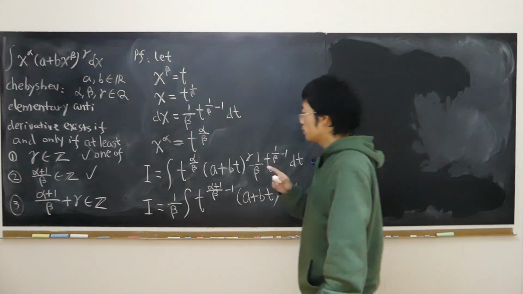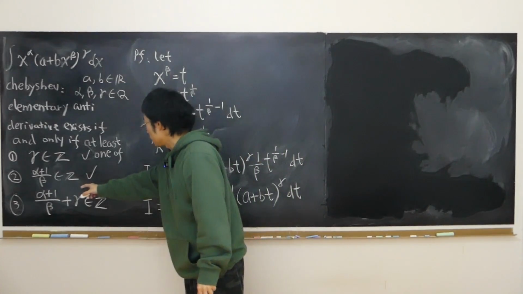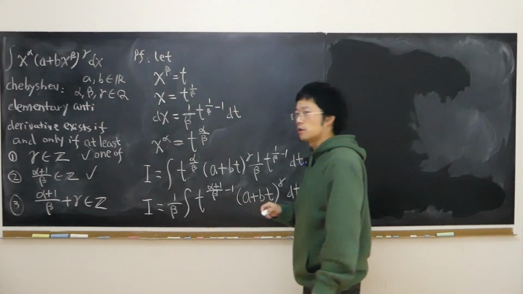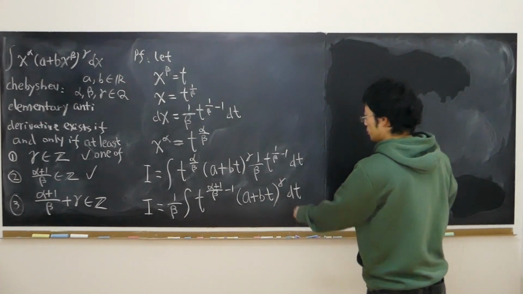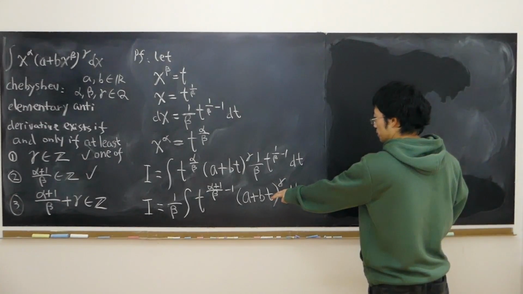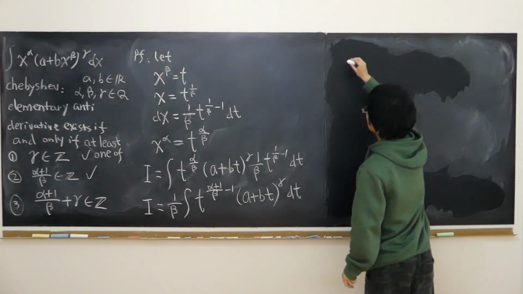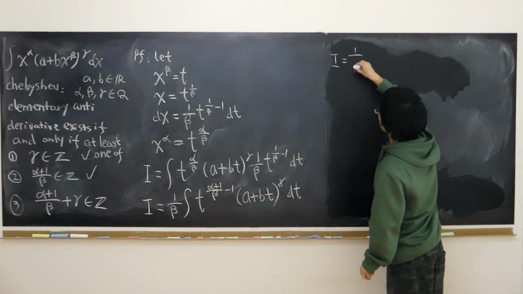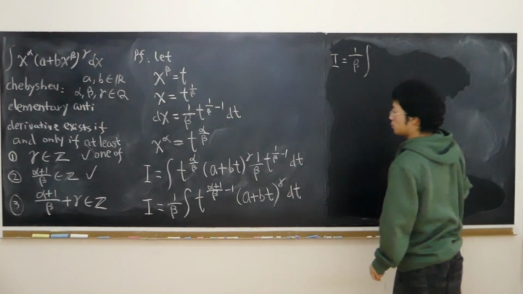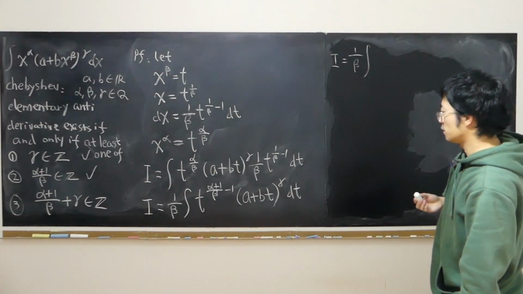Okay, so case scenario number 3. What if alpha plus 1 over beta plus gamma is an integer? Then we can manipulate this expression by multiplying something.